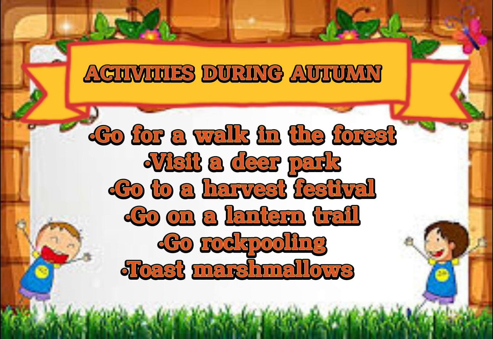And here are the things that you can do during autumn: go for a walk in the forest, visit a deer park, go to a harvest festival, go on a lantern trail, go rock pooling, or toast marshmallows, and jump in a pile of leaves.